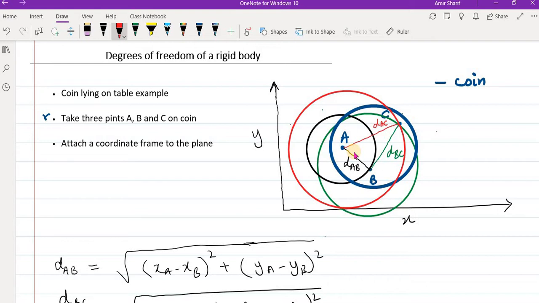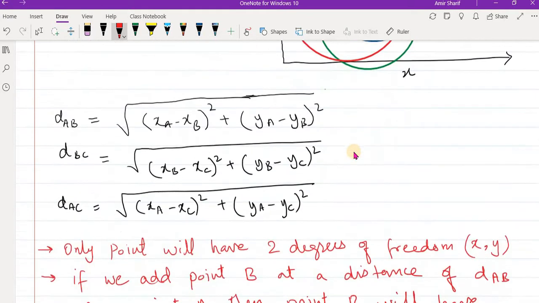What is a constraint? A constraint limits the motion of a point of a body.